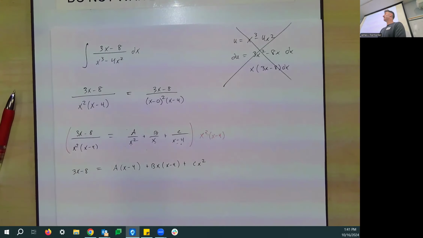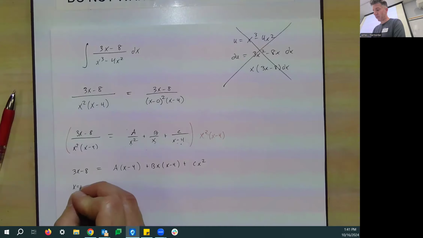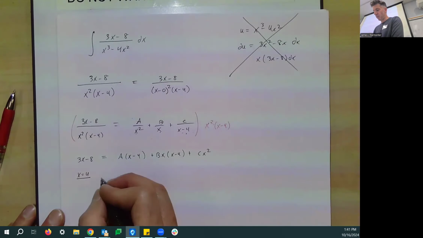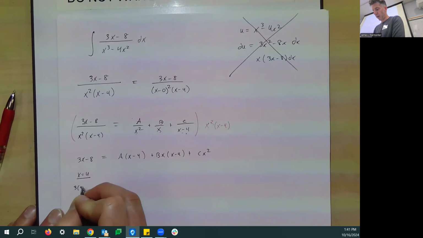So again, I'm going to start picking convenient values of x, things that make some of my terms essentially go away to 0. One of those convenient values of x is x equal to 4. I plug in 4 for x. Let's see what we get. On the left-hand side, we get 3 times 4 minus 8.